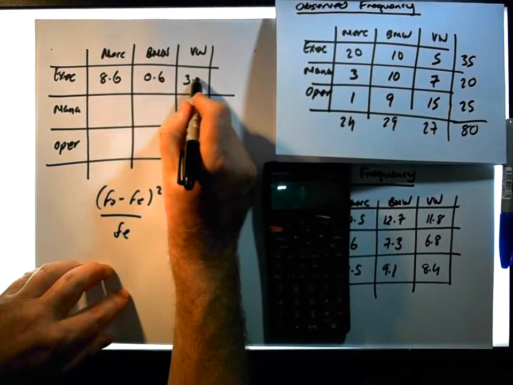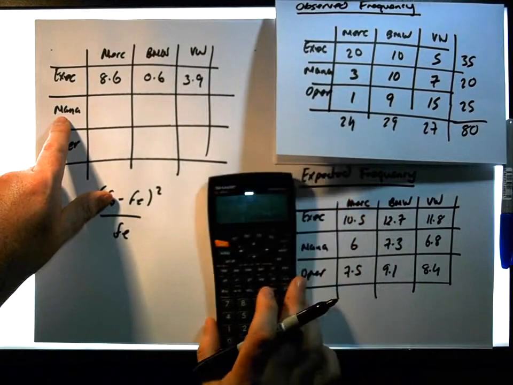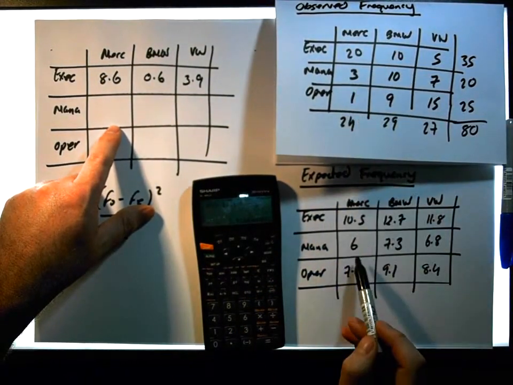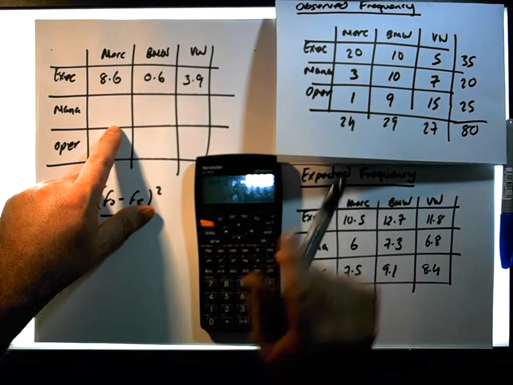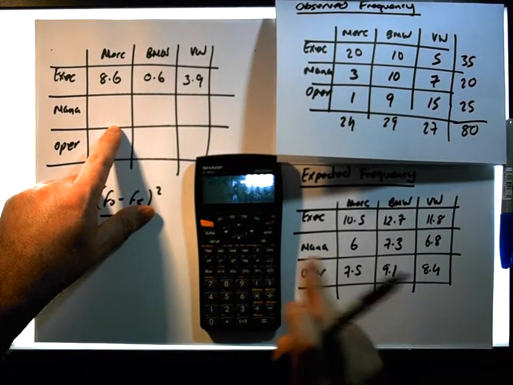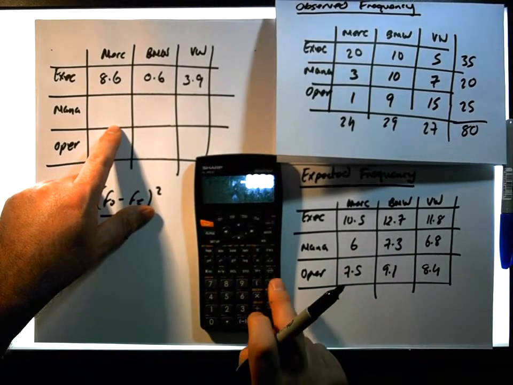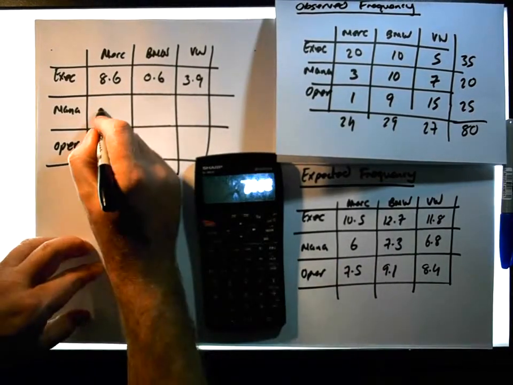Then we have the next cell, which is the managers that drive the Merc. The observed is 3. The expected is 6. So 3 minus 6 gives us 3. When we square that, gives us 9. 9 divided by the expected, which is 6, gives us a value of 1.5.